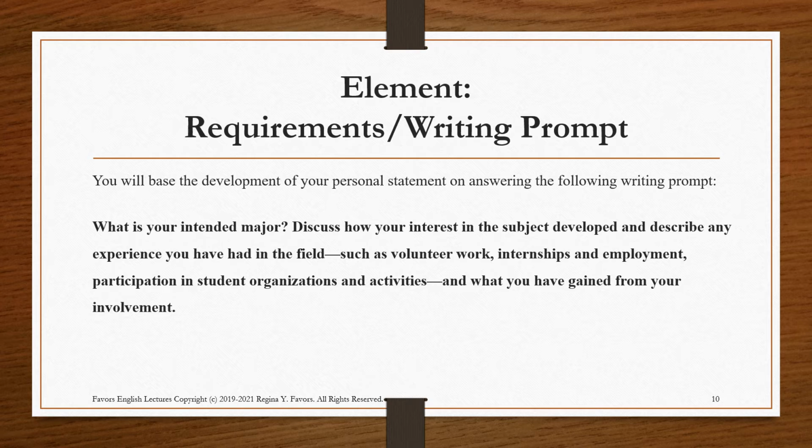So volunteer work, internships, employment, participation in student organizations and activities are categories, right? They are categories. And students need to make sure that they understand that what the admissions committee is really asking for is your leadership in these categories.